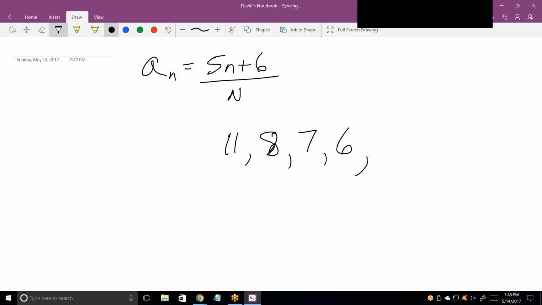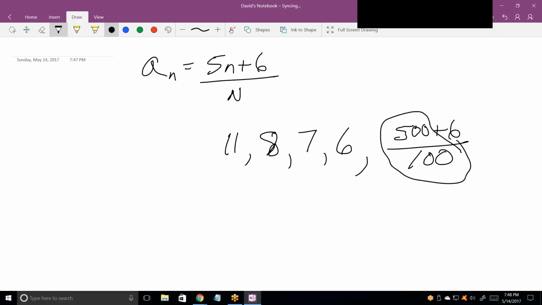In other words, if I look at the 100th term here, it's 500 plus 6 divided by 100. We're getting closer and closer to 5 plus 6 100ths. But this part's going to approach 0. So we are converging on the number 5.